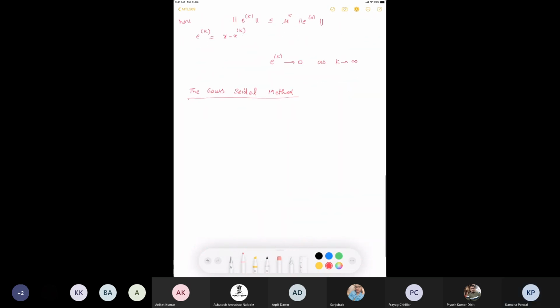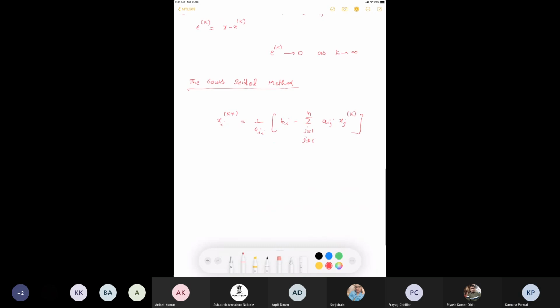Here the ith component of the k plus 1th iterate is given by 1 divided by aii times bi minus the summation j equals 1 to n, j not equal to i, of aij times the jth component of the kth iterate. So this is what we have from the Gauss-Jacobi method, right?